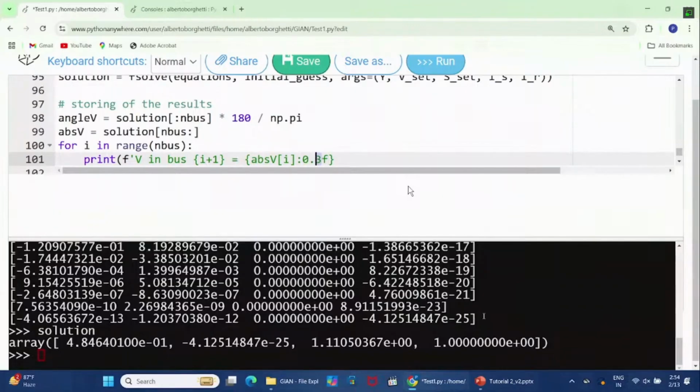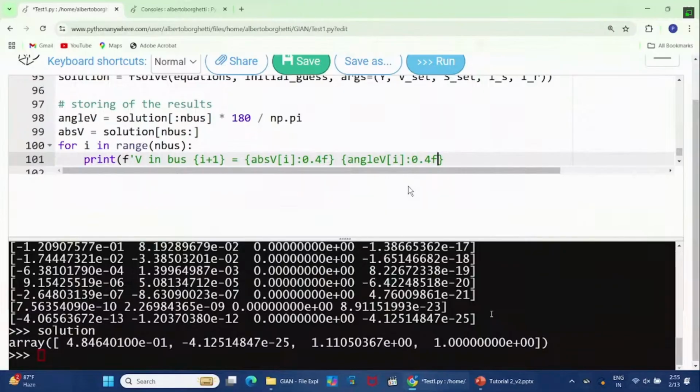And then we can also put the angle, angle V, it is the element i, and also for the angle we can just put 4 digits after the dot.